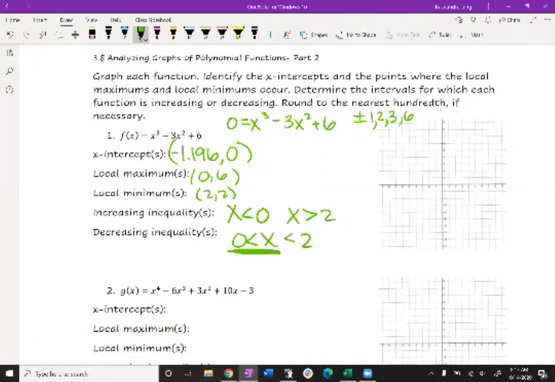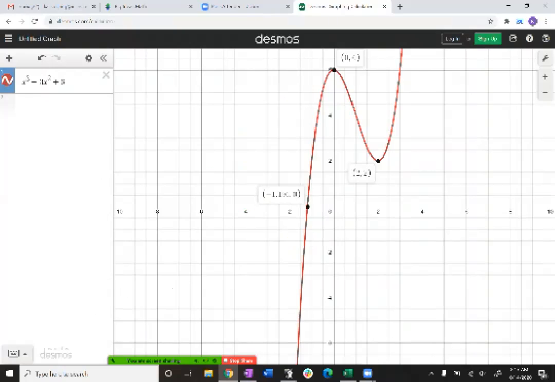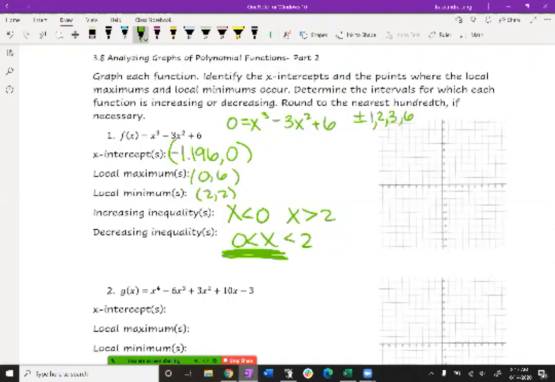So 0 less than X, this X value of 0 is to the left of this decreasing section. And then this whole decreasing section is less than the X value of 2. So that's how I set up this inequality.